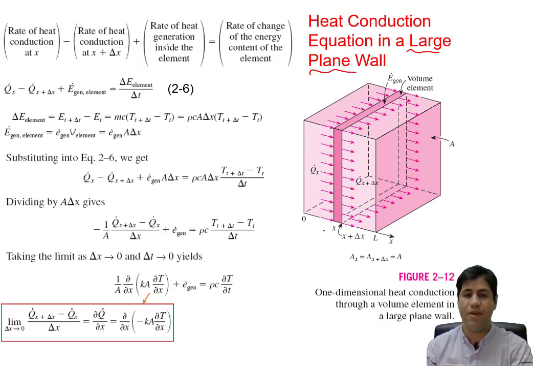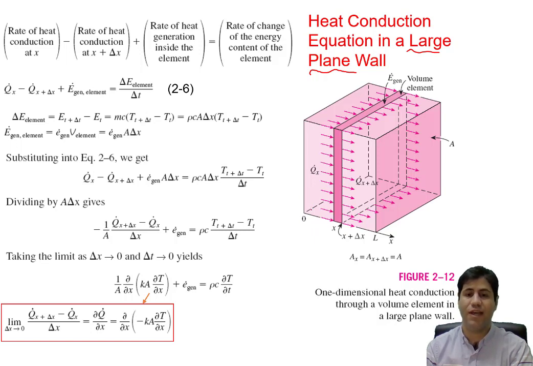Actually, this is an element which we have selected, and as we mentioned here, it is a large plane wall. Here we can consider that the heat transfer is in this direction. However, here we use a rectangular coordinate system, so we have three directions: x, y, and z.